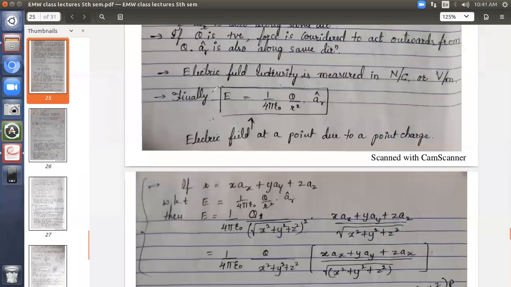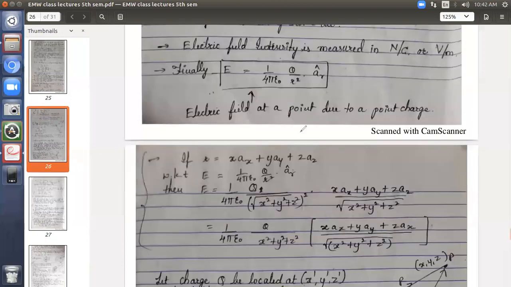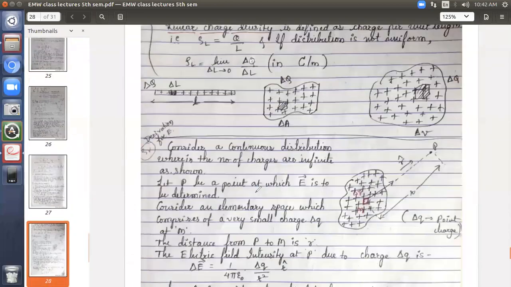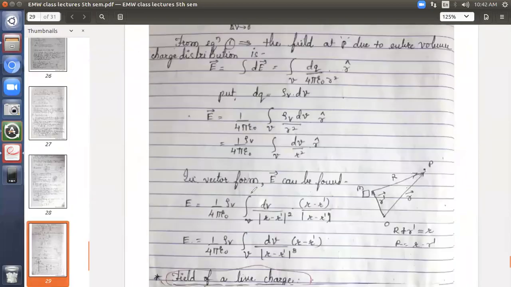E, the electric field intensity, is given by 1 by 4 pi epsilon naught q by r square into aR as the unit vector. This is the general equation. For our considered figure, let us modify the equation. How to modify? We will see.